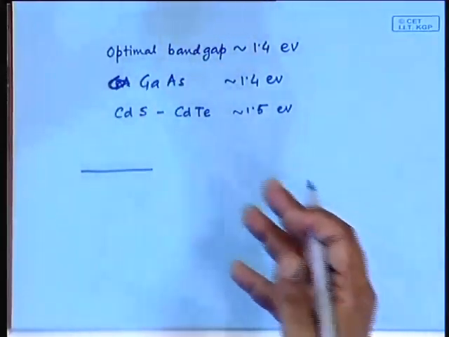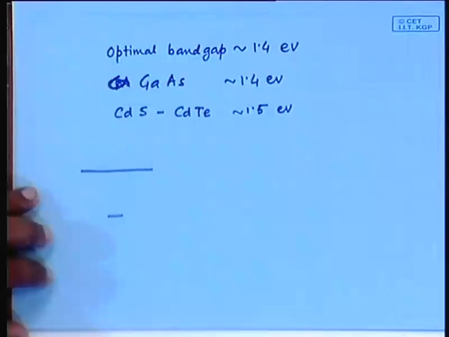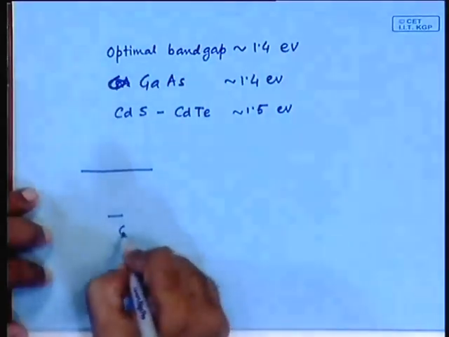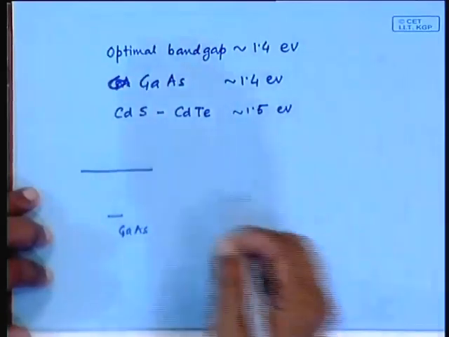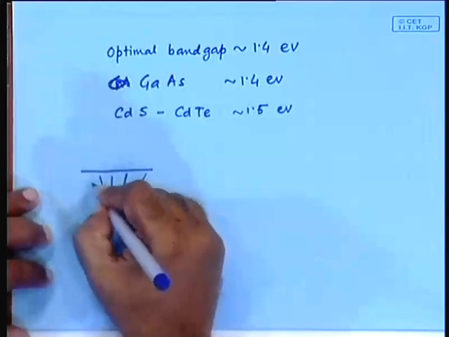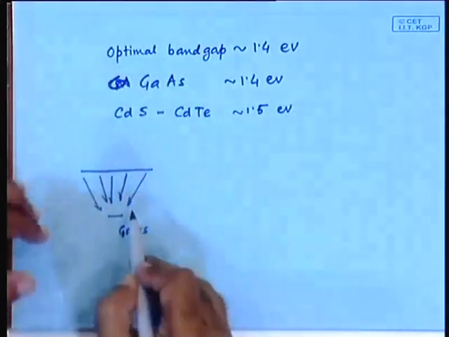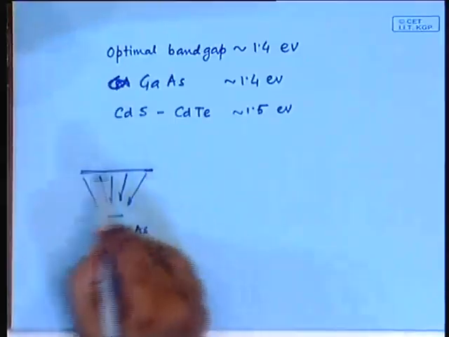What kind of concentrator? I will come to that. And here you have a smaller area of gallium arsenide solar cell, so that the light from the whole area is concentrated onto that, and this has an incident solar radiation about 5 to 6 times the actual incident solar radiation over a standard area.